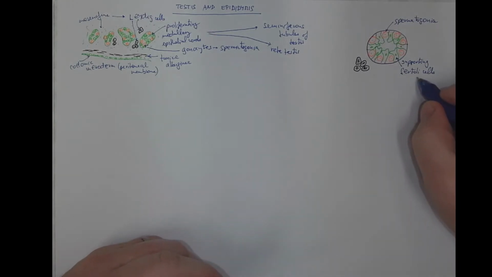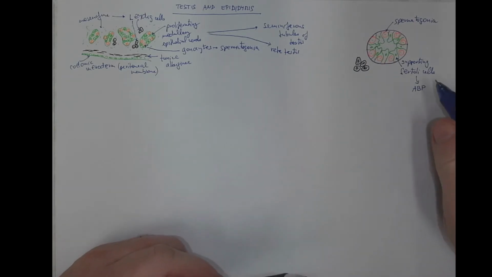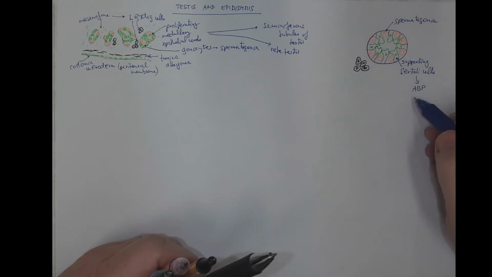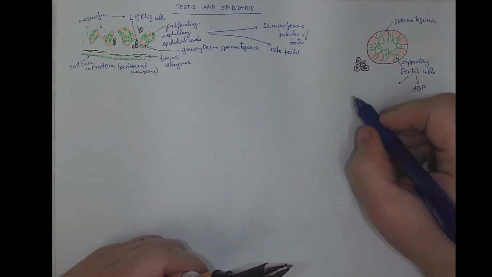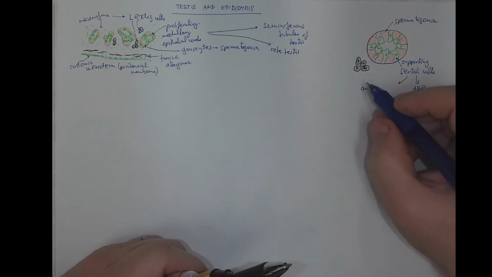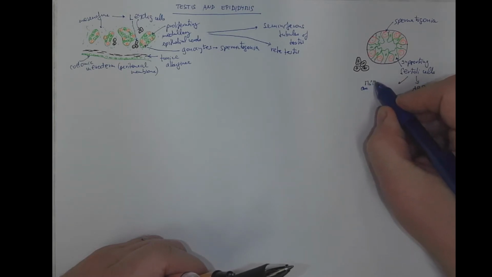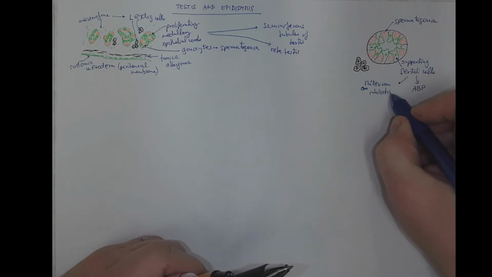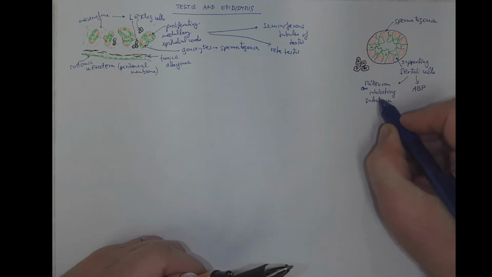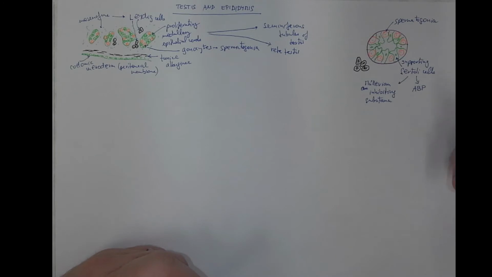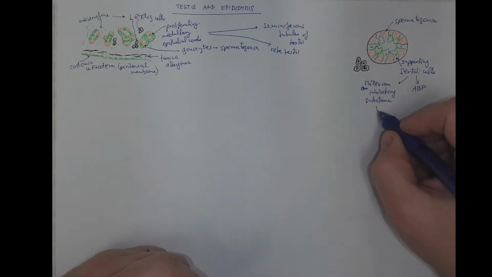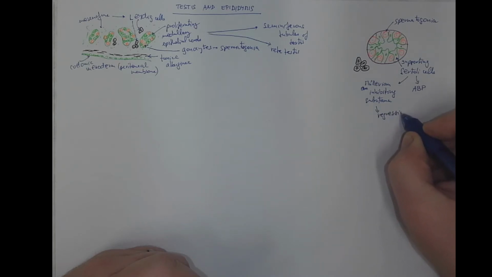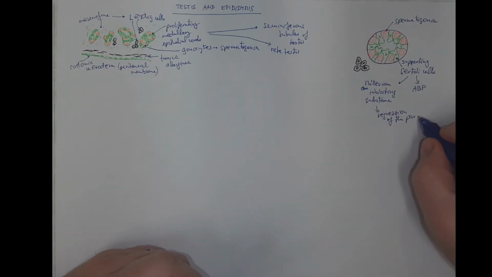The supporting Sertoli cells are producing the androgen binding protein, abbreviated as ABP, that locally increases the availability of androgens, and also they produce the anti-Müllerian substance, or Müllerian inhibiting substance, that results in the suppression or regression of the paramesonephric duct when the testis develops.